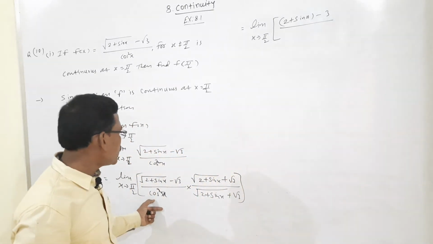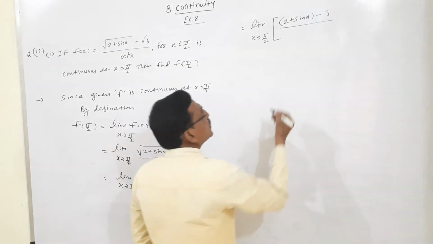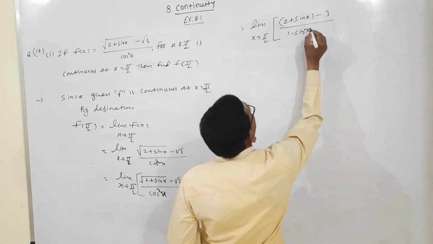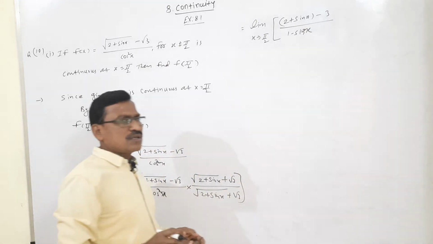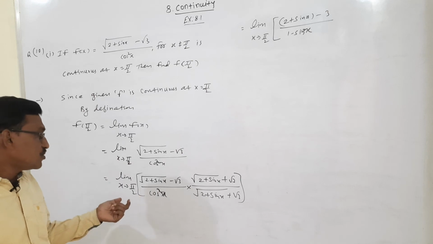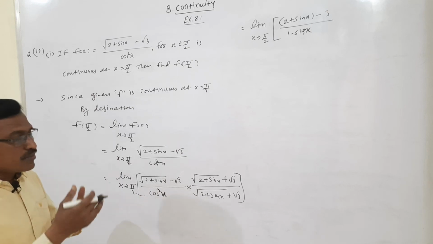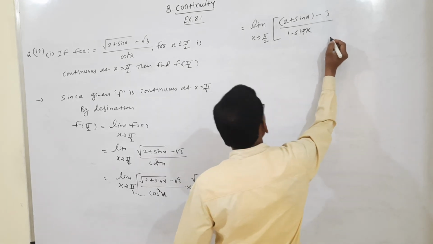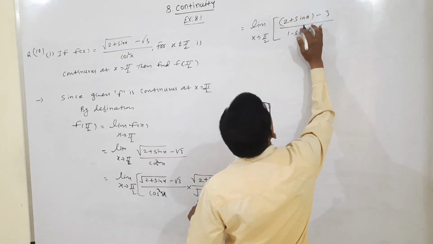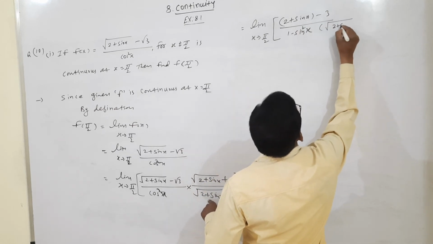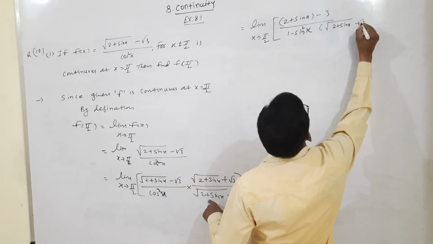We write cos square x as 1 minus sin square x by the identity sin square x plus cos square x equal to 1, into the bracket root of 2 plus sin x plus root 3.